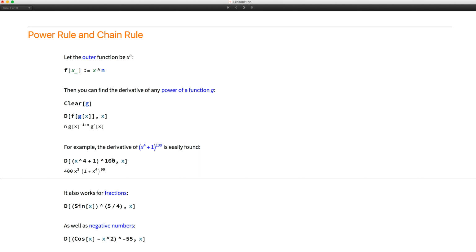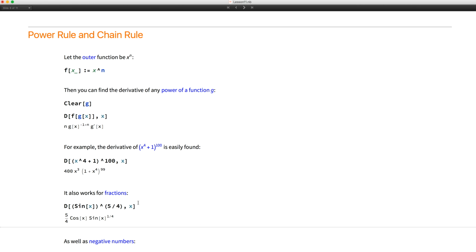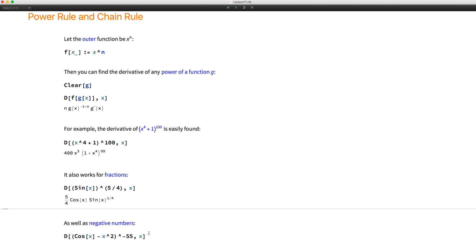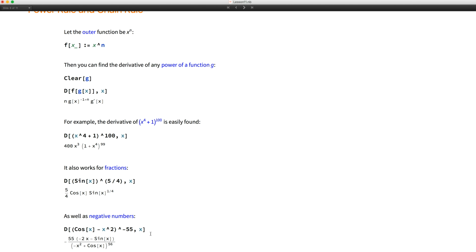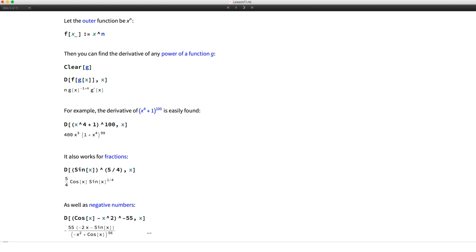Of course, you don't have to use a positive integer. You could use a fraction, like in this example, or you could even use a negative number, and you get back the answer quite easily. So, in this very simple way, you can extend the power rule to find the derivatives of fairly complicated compositions.